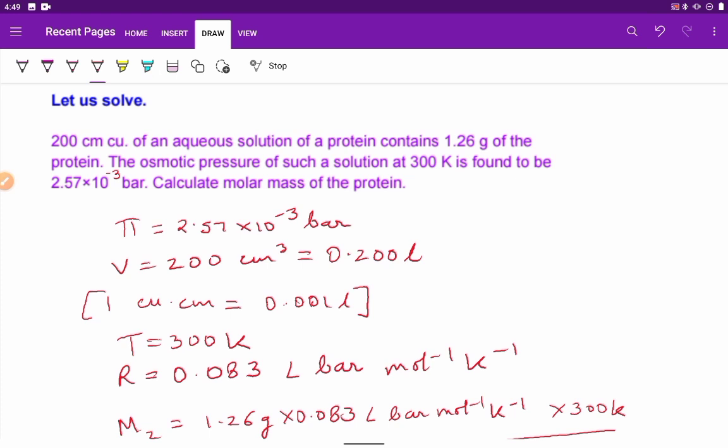Pi is 2.57 into 10 to the power minus 3 bar. V is 200 cm cube, but 1 cubic centimeter is 0.001 liters, so 200 cm cube becomes 0.200 liters. T is 300 Kelvin. R is 0.083 liter bar per mole per Kelvin.